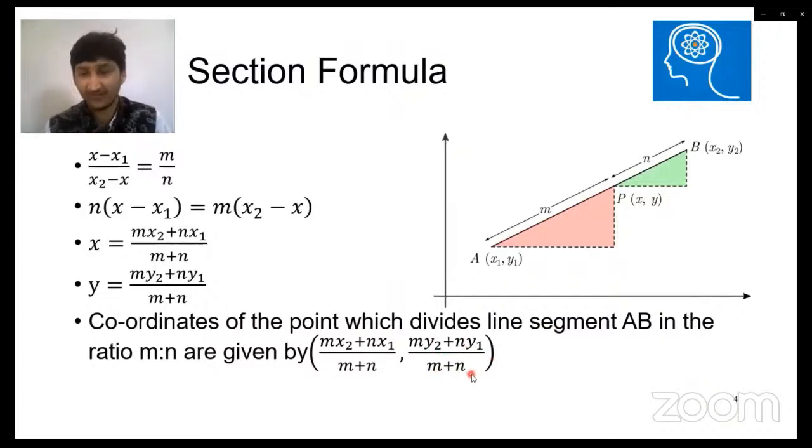Now this is the section formula if we want to divide a line segment in the ratio m:n.